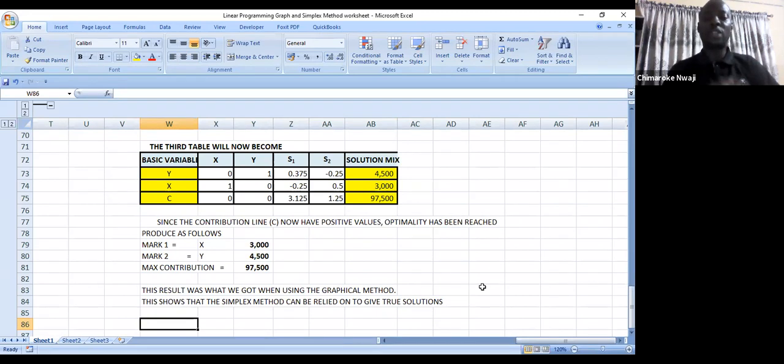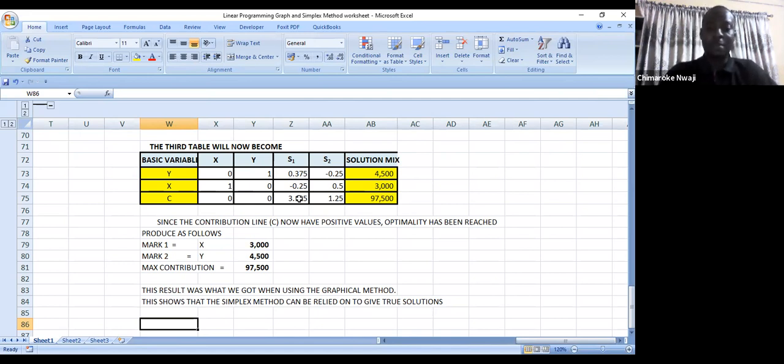And this shows that we can rely on this method as a way of calculating. And you also see that the shadow price we calculated was also accurate. And so it shows that your simplex method can be very, very relied on.